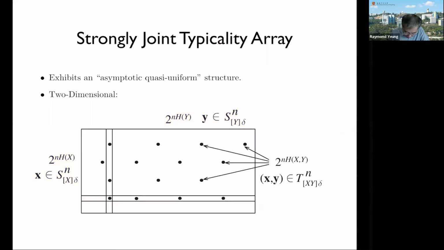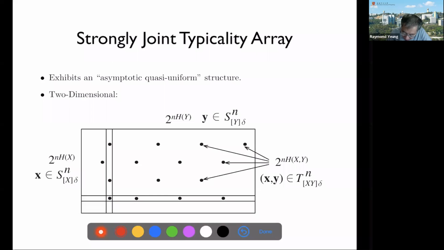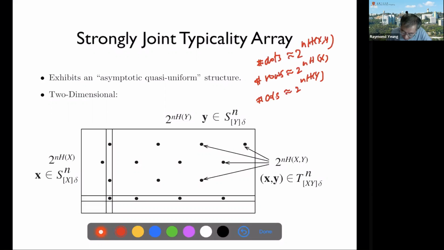So the number of dots is approximately equal to 2 to the power n times the joint entropy, right? And the number of rows is approximately 2 to the power n times the entropy of x. Number of columns is approximately 2 to the power n times entropy of y, right? So obviously, the number of dots is upper bounded by the number of rows multiplied by the number of columns, right?